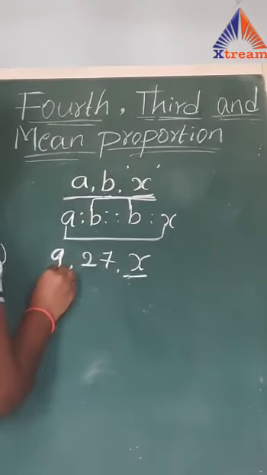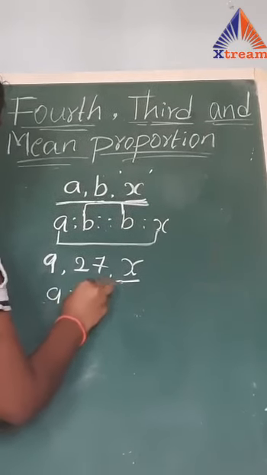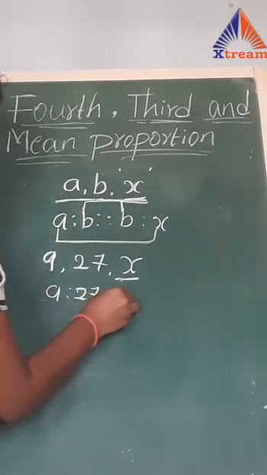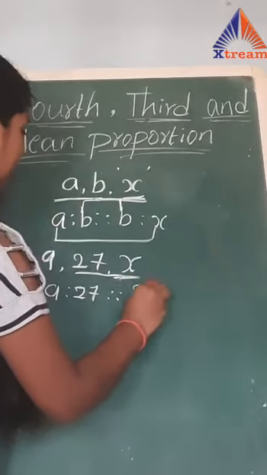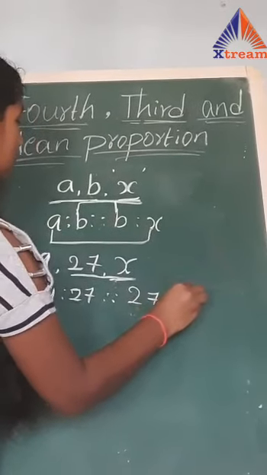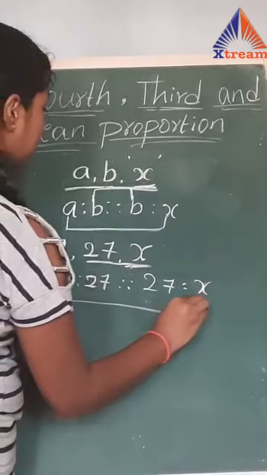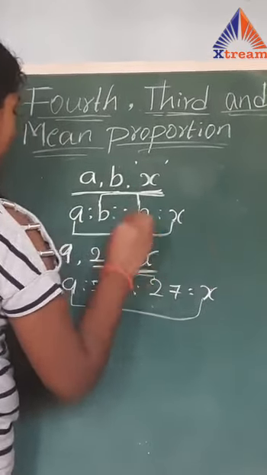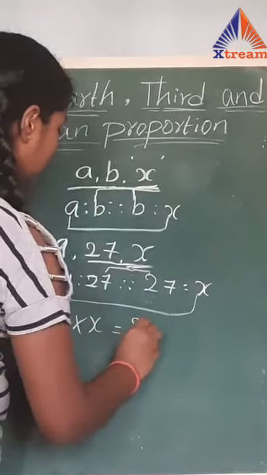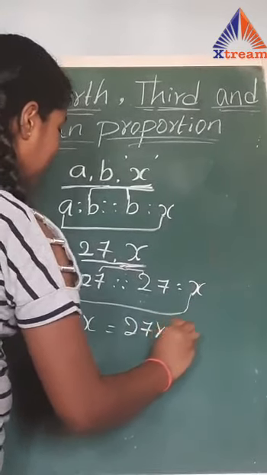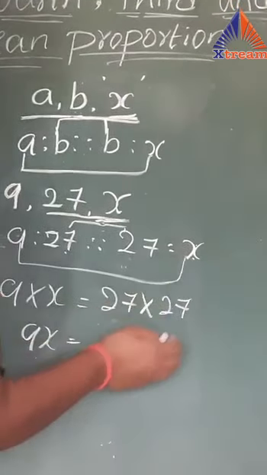So 9 is to 27 is as 27 is to x. Here the product of extremes is equal to the product of means, that is 9 into x is equal to 27 into 27. So 9 into x is 9x and 27 into 27 is 729.